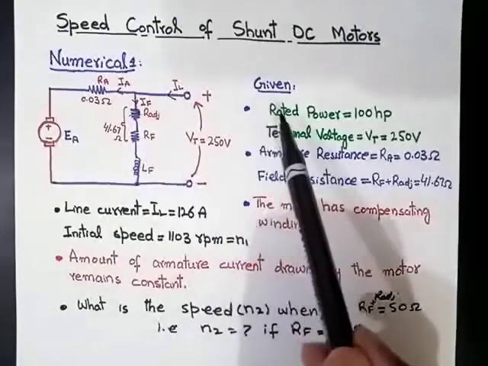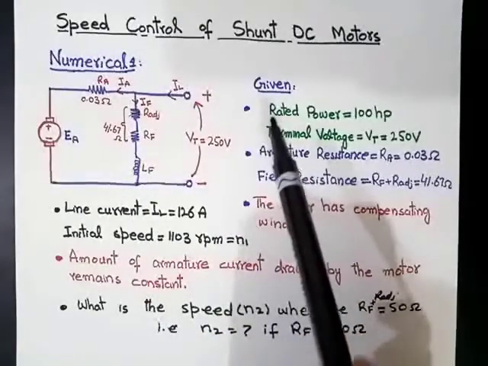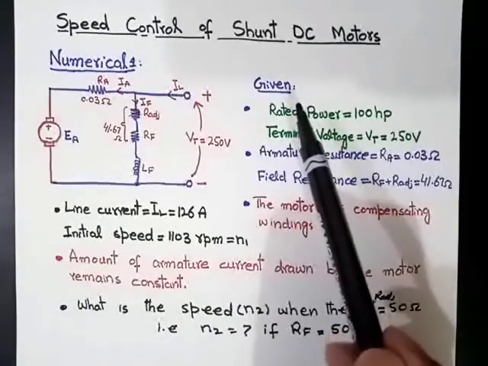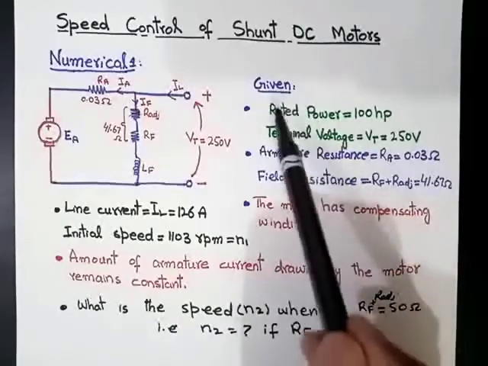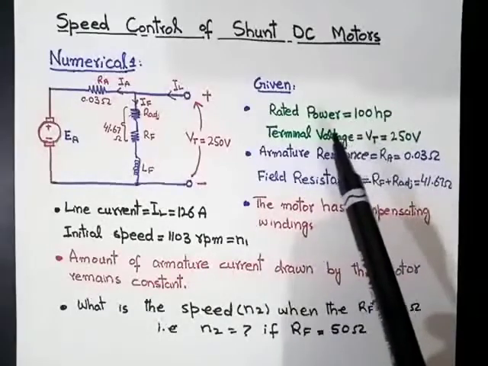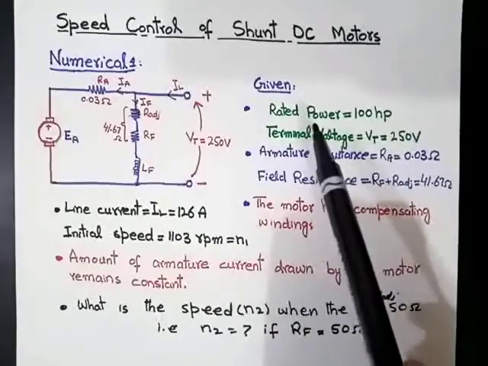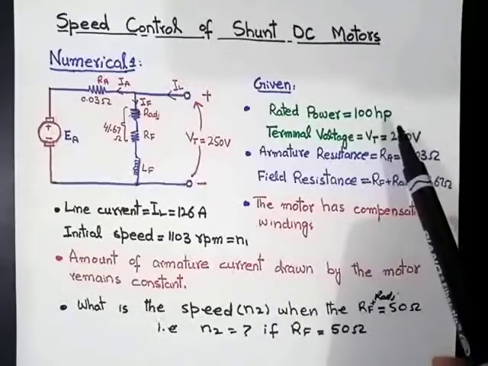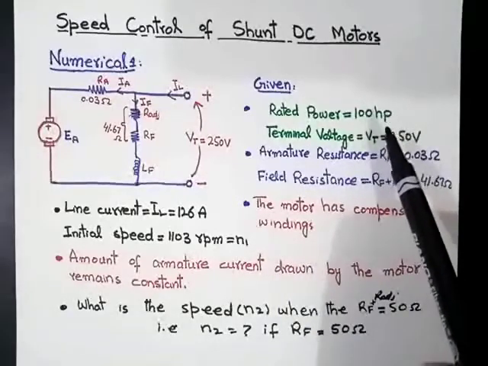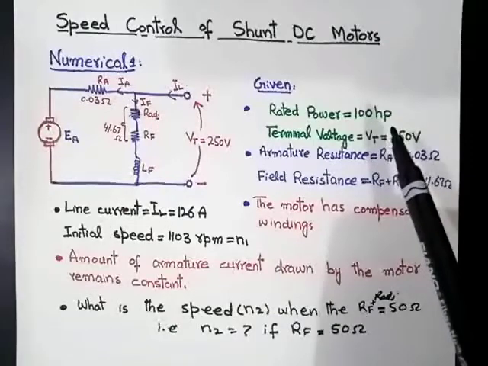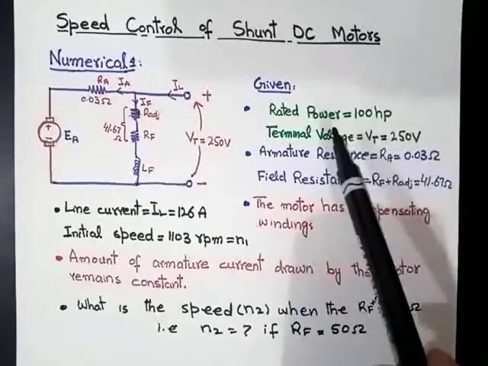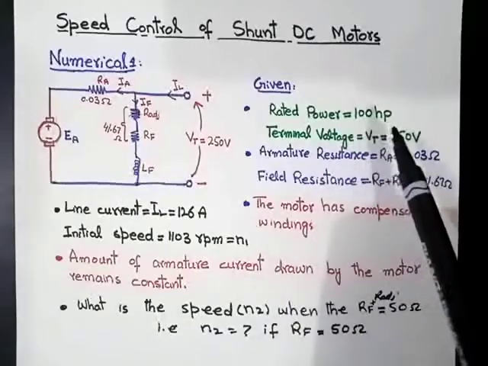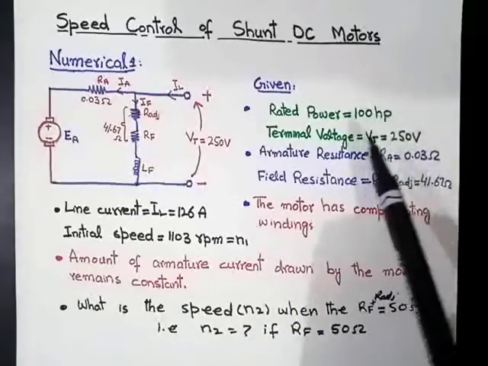First of all, we will discuss what is given in this particular problem. The given parameters are: the rated power of the DC shunt motor is equal to 100 horsepower. That is the motor which we are using in this problem.